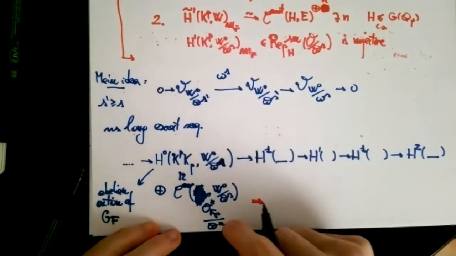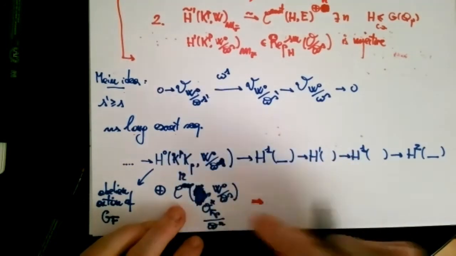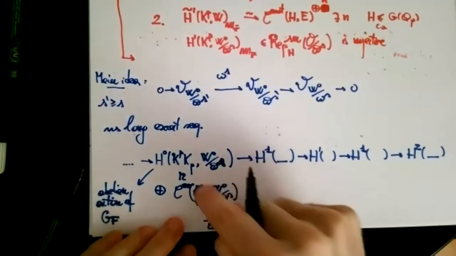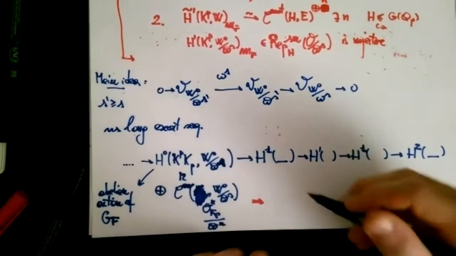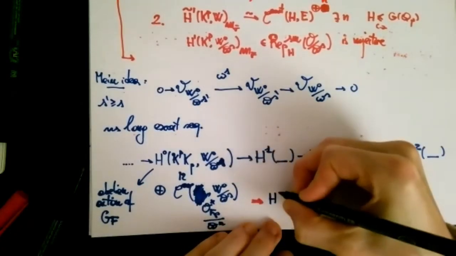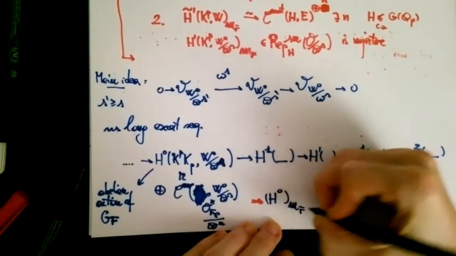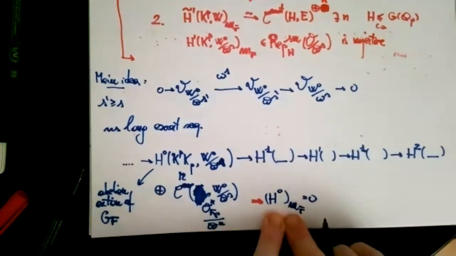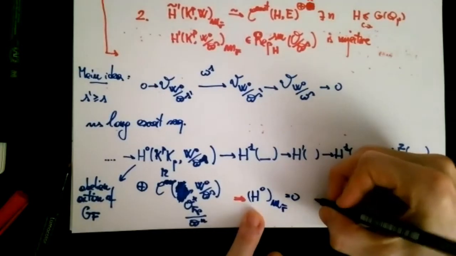And so in particular, the action is abelian over here. And so this implies that the H naught localized at m is 0. And so by Poincaré duality, also the H2 is 0 after localization.